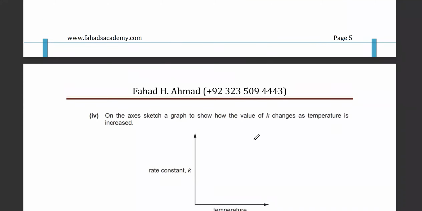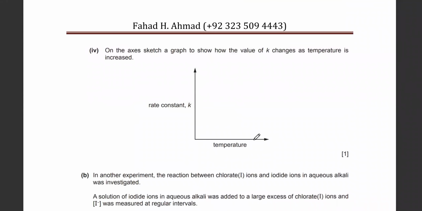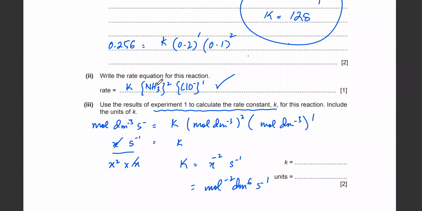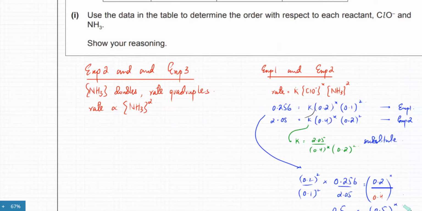On the axis, sketch a graph to show how the value of k changes as temperature increases. Remember, we wrote this down very early. k just keeps on increasing when temperature increases. If you look at this equation, the concentration is kept constant, and if you increase temperature, the reaction speeds up. That means k increases.